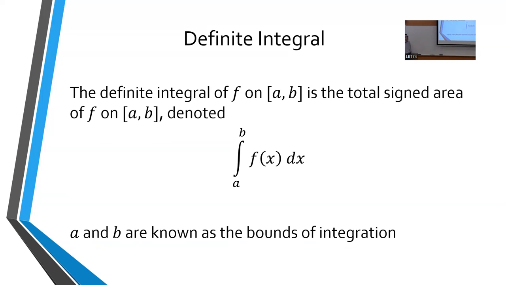So the a and the b are known as the bounds of the integration. And this definite integral gives you the signed area underneath f between x values of a and b.